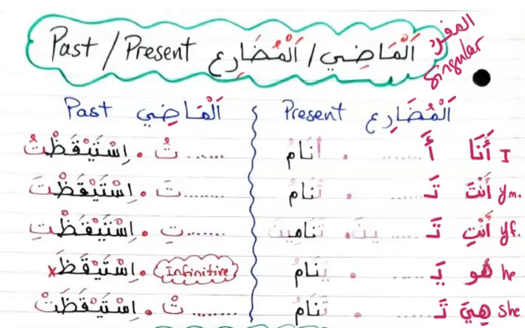But here we place any verb and then we end up with the present conjugation. أنا أنام, I sleep. The verb we're using here is sleep. نام. And the black print right here is for the roots or the origin of the verb. نام. أنا أنام.